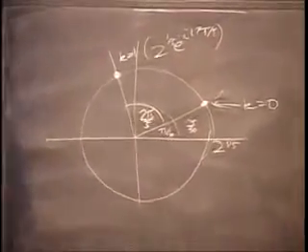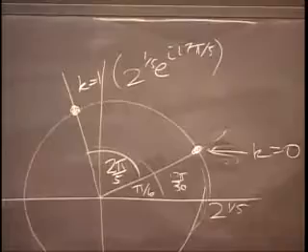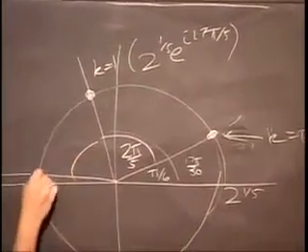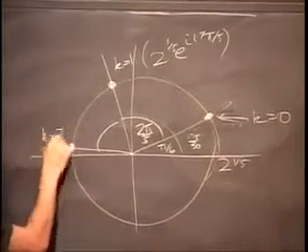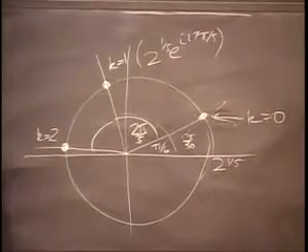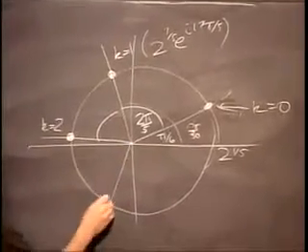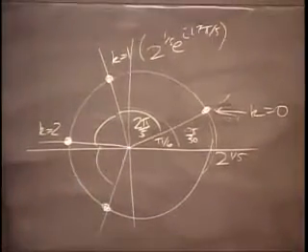To get the next solution, which was e to the i 29 pi over 30, you add an extra 2 pi over 5. And that's k equals 2. And then to get to the next one, which was 41 pi over 30, you add another 2 pi over 5.